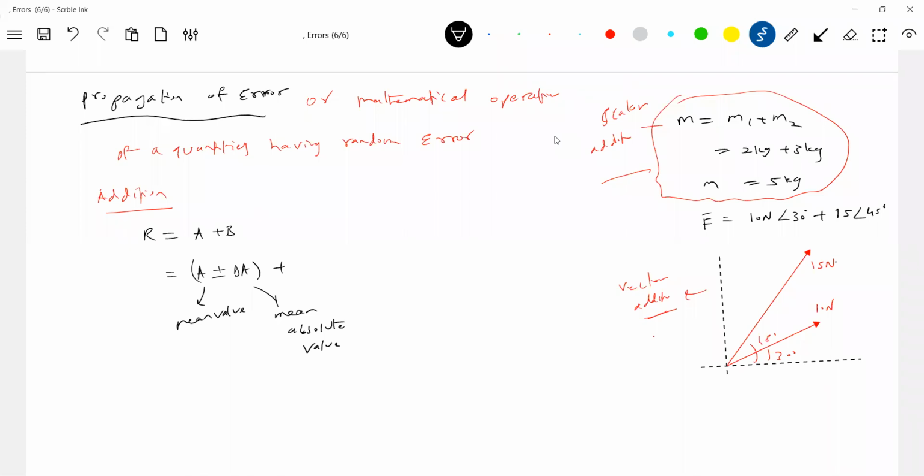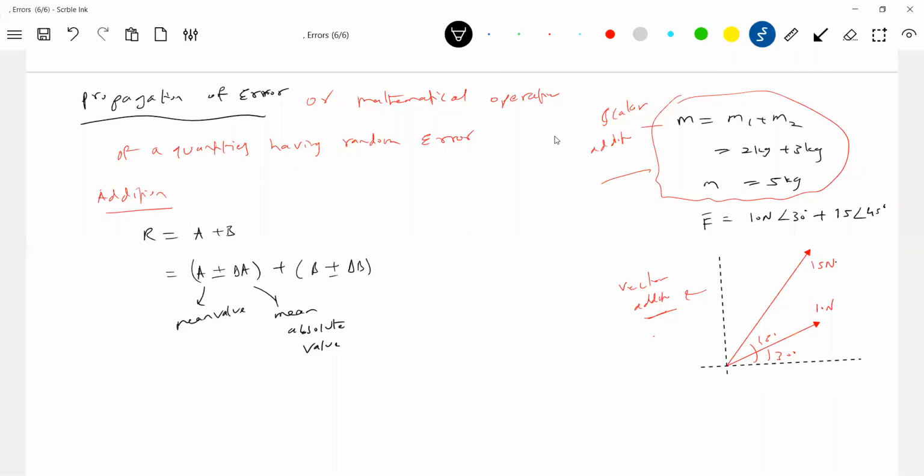There's a way of expressing a quantity having random error: the mean value of A plus or minus the mean absolute error of A. Delta A by A is the relative random error in A. Similarly, the mean value of B is this one and the random error is this one. Why plus or minus? Random error will fluctuate on either side of the mean value, because the readings will be on either side.